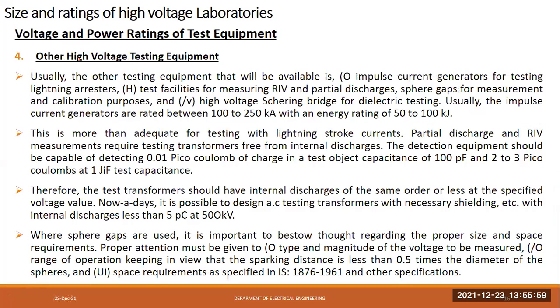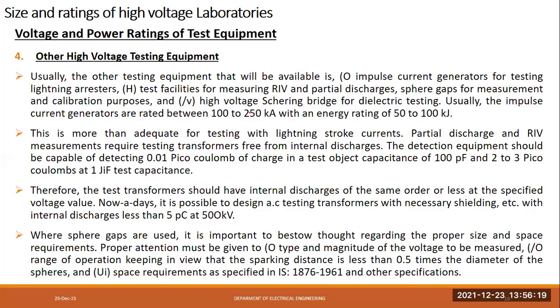Okay, and the fourth point in this voltage and power rating is the other high voltage testing devices. In these devices, there is the impulse current generator ICG, then the arresters and all the parameters like high voltage bushings, and these are used for dielectric testing.